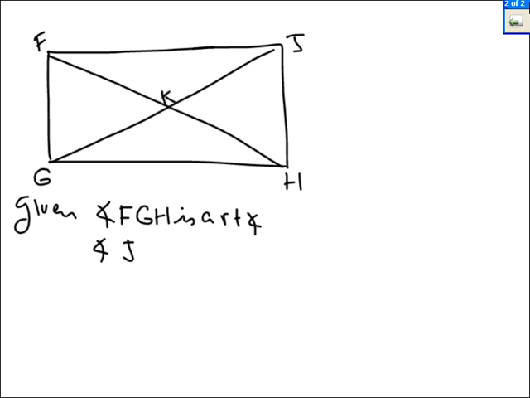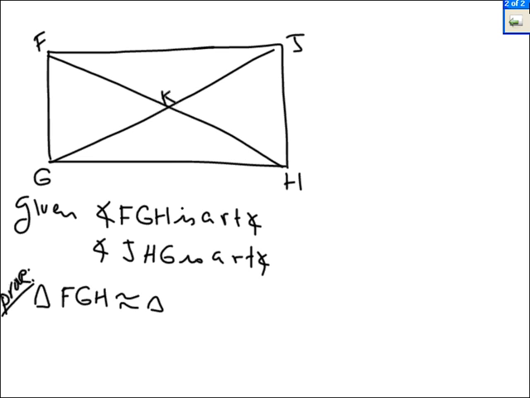And that JHG is also a right angle. And you want to conclude, you want to prove, that triangle FGH is in fact the same as JHG. You can lay them on top of one another.